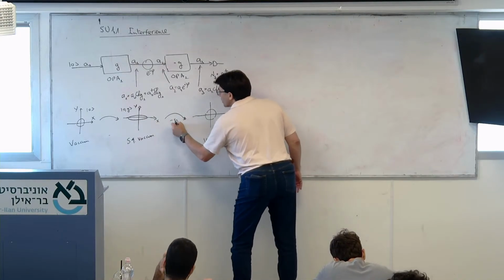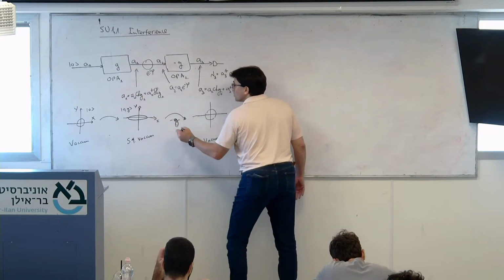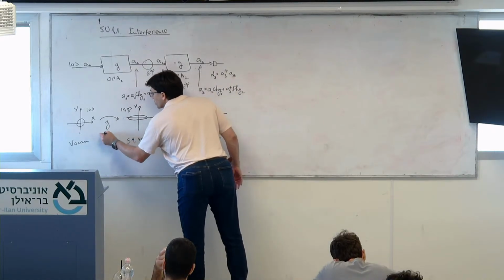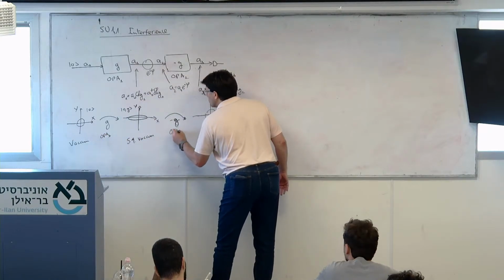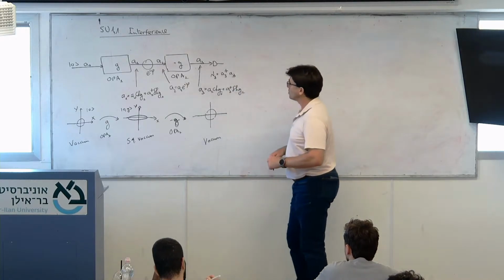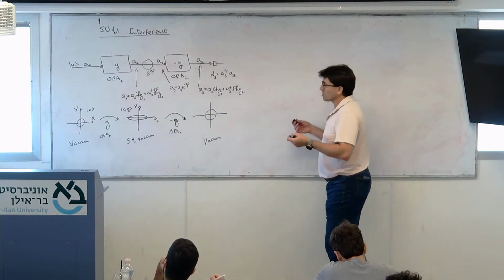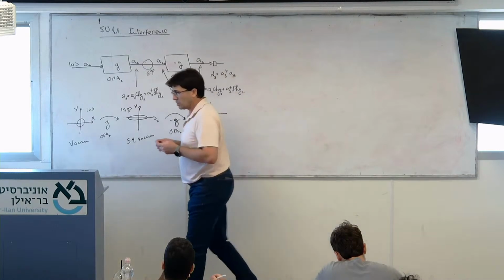This is the OPA operation. This is OPA 1 and this is OPA 2. So we'll start with vacuum, we'll end up with vacuum.